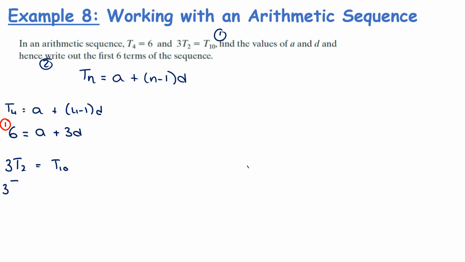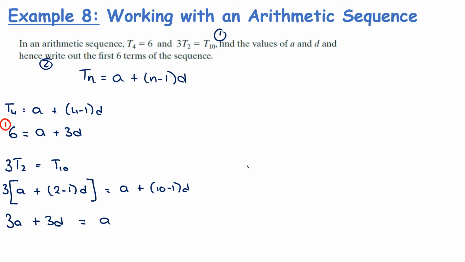Then we have 3 times T2 is equal to T10. So that is 3 times, instead of T2, I'm going to sub in A plus 2 minus 1 times D, and that should be equal to T10. And instead of T10, I'm going to put in A plus 10 minus 1 times D. This gives me 3A plus 3D is equal to A plus 9D.